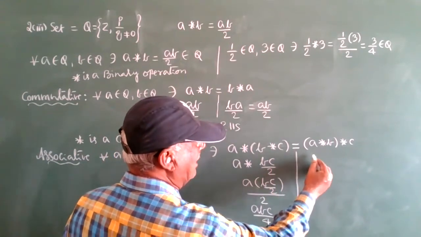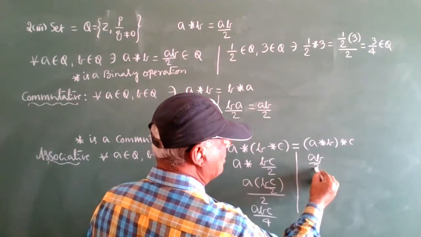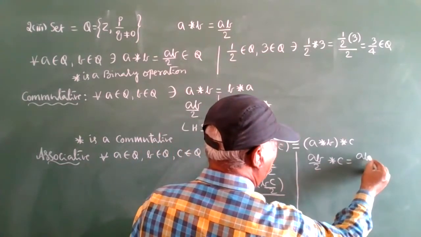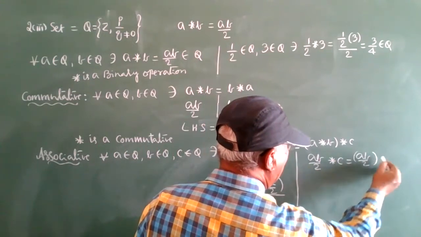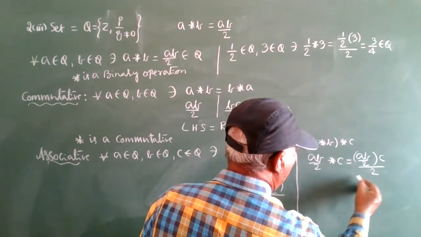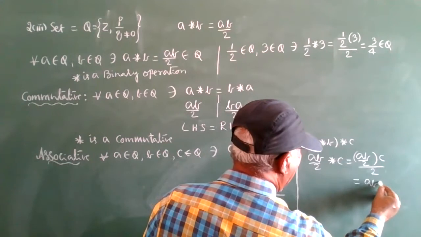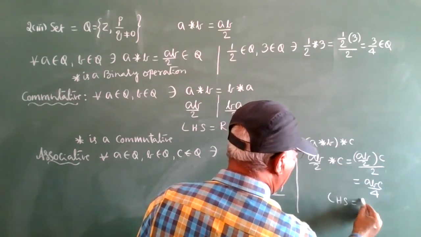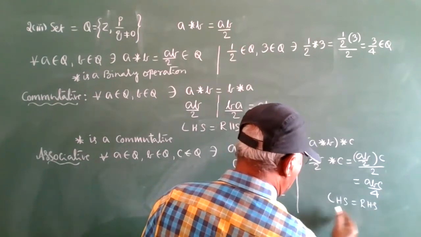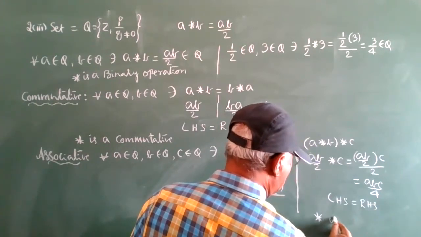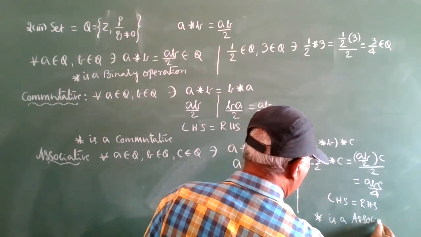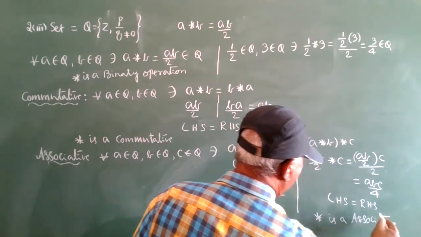Right hand side: AB by 2 star C, which is AB by 2 into C upon 2, again ABC by 4. LHS is equal to RHS. Therefore, star is associative.